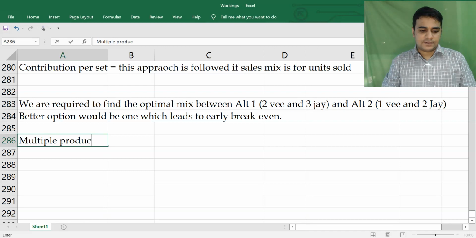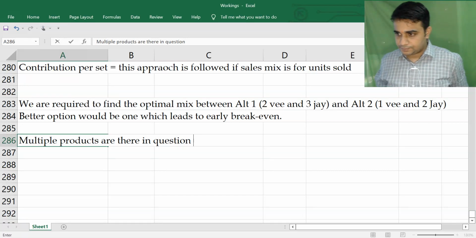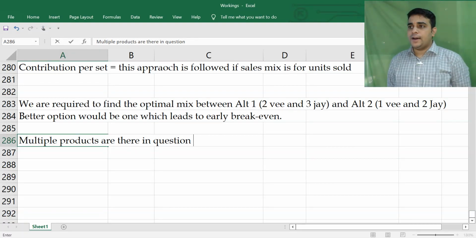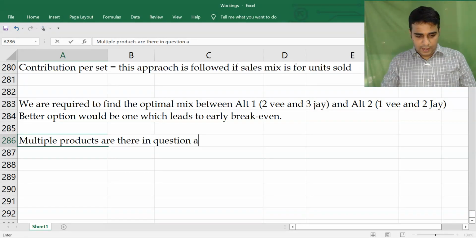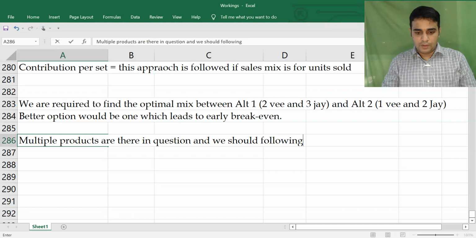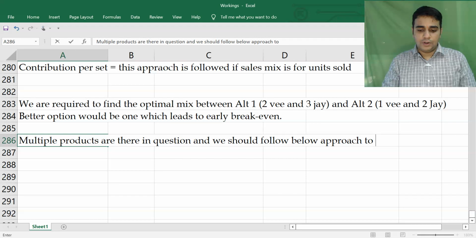Multiple products are there in the question, and we should follow the below approach to get the break even point.